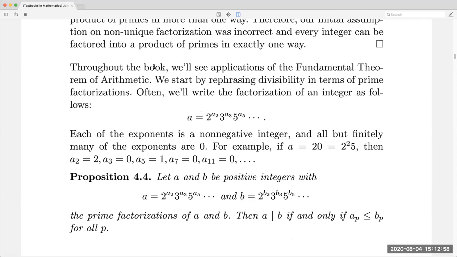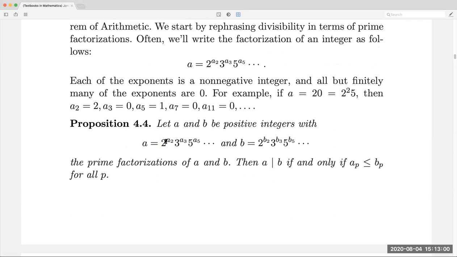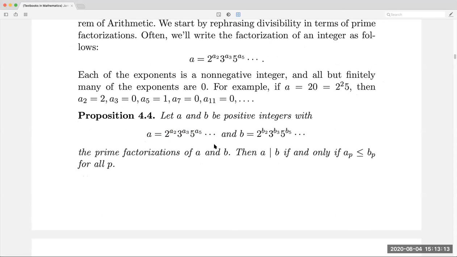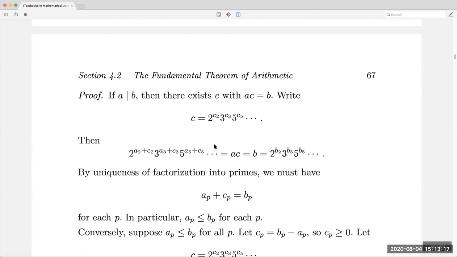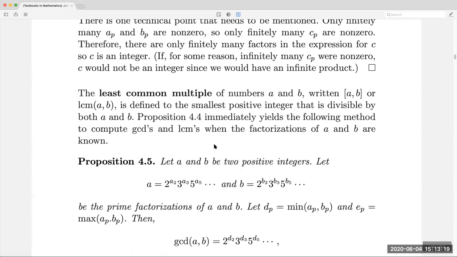So all the integers can be written in this form. 2, 3, 5, and so on are the prime numbers. So we can skip this one.